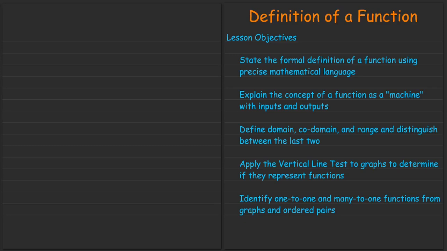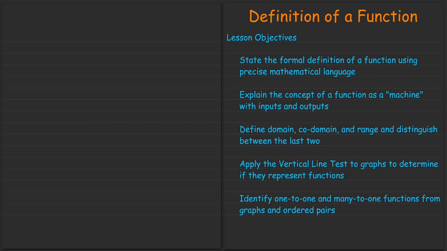In this lesson, we are looking at the definition of a function, and by the end of this lesson, you should be able to state the formal definition of a function using precise mathematical language. You should be able to explain the concept of a function as a machine with inputs and outputs. You should be able to define the domain, codomain, range, and distinguish between the range and the codomain.